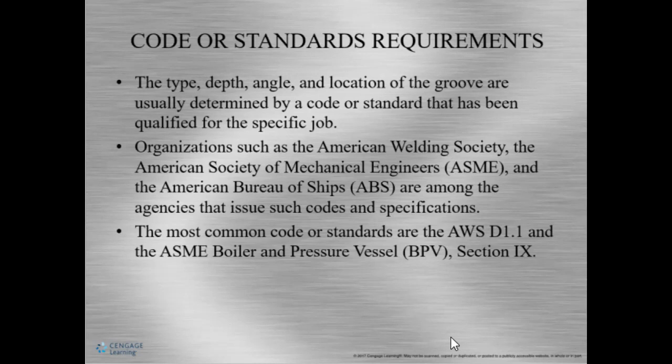And a lot of other codes and standards are based on the D1.1. And there are many other codes that are specific to types of material and their uses. So if you're doing pipe, well, you can be doing ASME or you can be doing API. So it's very specific to the industry.